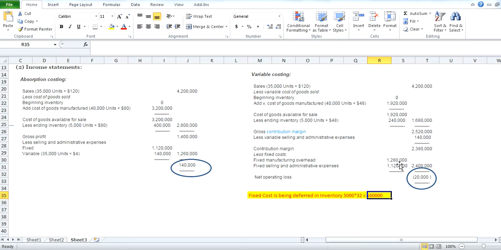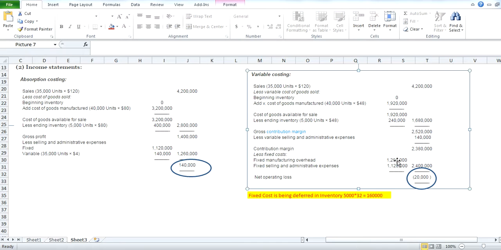We're taking 1.28 million in overhead under the variable costing method versus 1.12. The difference between the 1.28 and the 1.12 is 160,000.